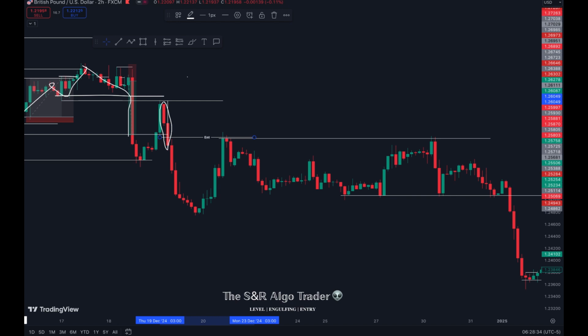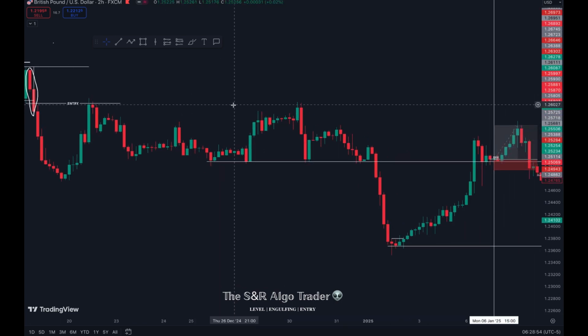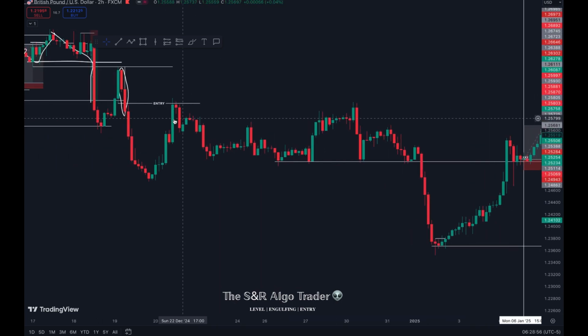Let me make sure I don't miss it. This is a level I use to trade. So this was, let me check the time, 24th December, 9 o'clock. Let's go to the 15 minutes time frame for entries.